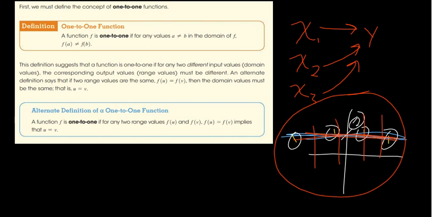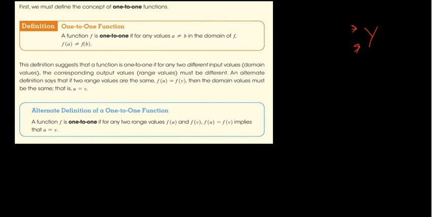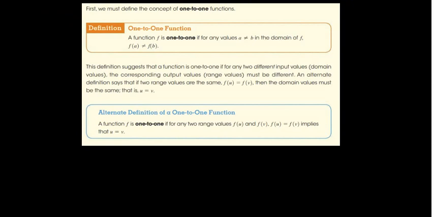That is not allowed for a one-to-one function. So I'm actually okay with the original definition here. We'll also look at the alternate definition because it might help a little better. But if you break this down the way I just did, you'll get a better understanding. Realistically, again, in cornbread language, one x, one y, period.